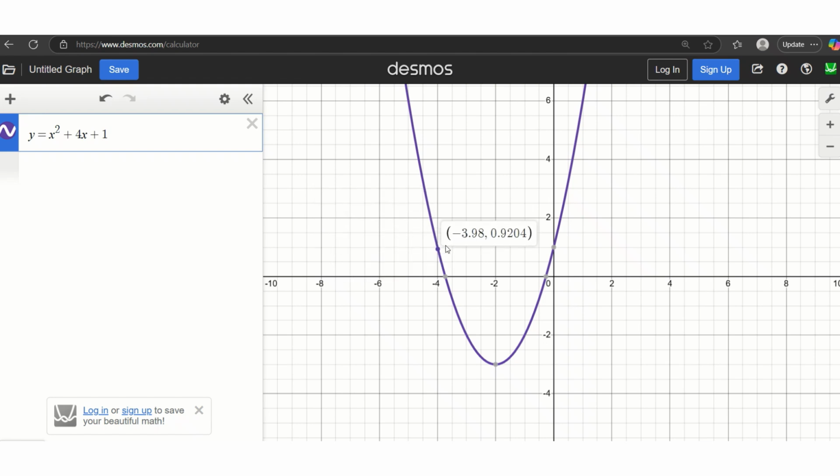The y value continues to decrease all the way until we get to the vertex. And what we see there is what's called a minimum value of -3. So that means the smallest value that your y coordinate has here is -3. And that happens when x is equal to -2.